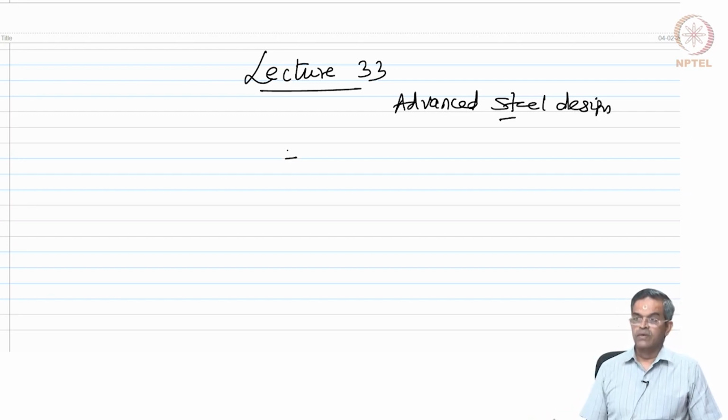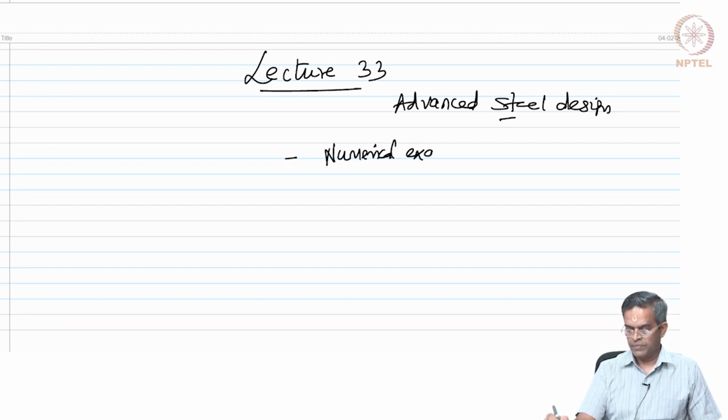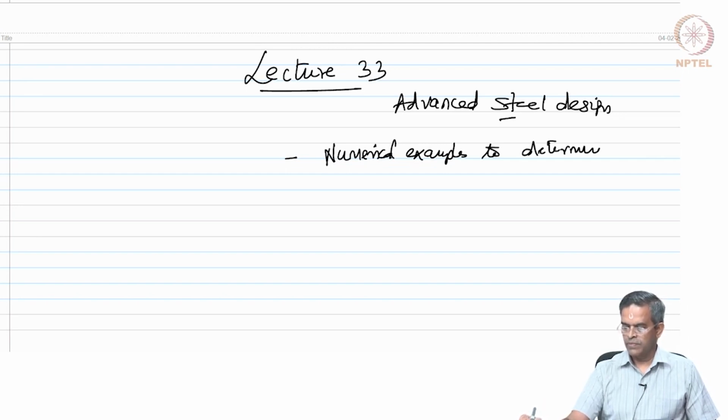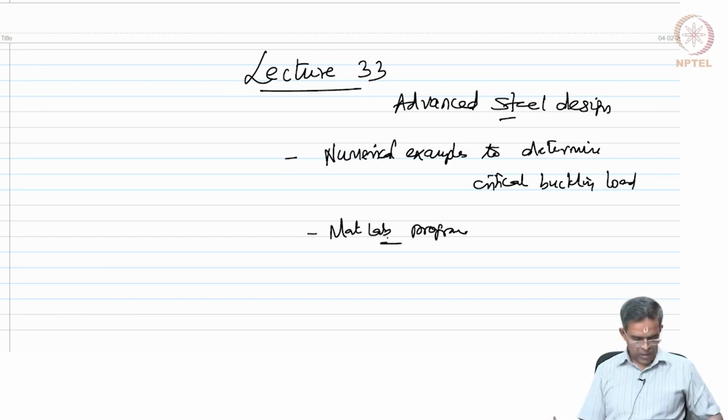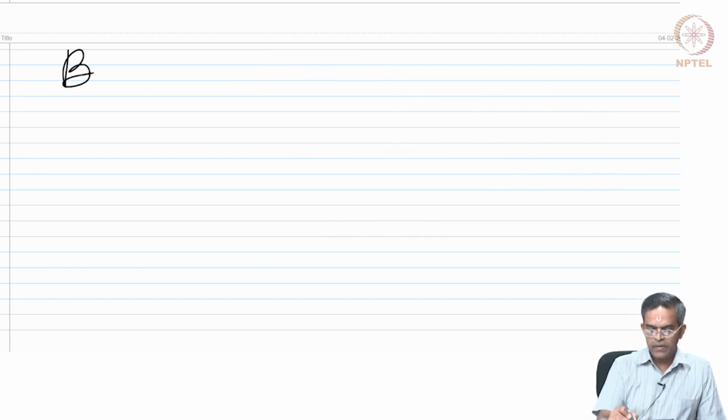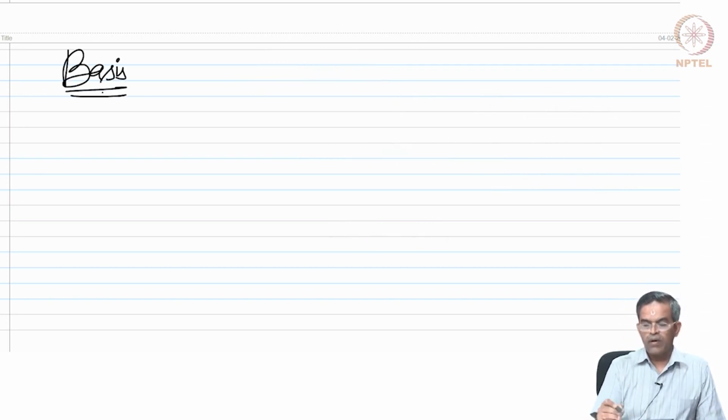In this lecture, we are going to do some numerical examples to determine critical buckling load. We are going to use MATLAB programs for doing this. Okay. So, let us first see the basis of doing this analysis.